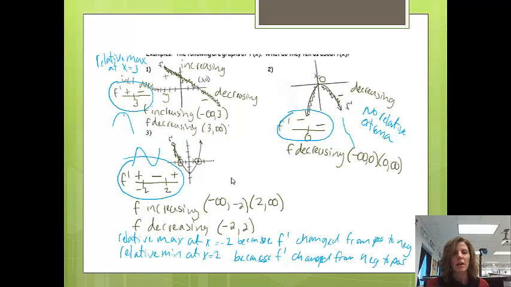So that's how we'll always justify our answers. If we went back up here, the relative max occurred at x equals 3 because f prime changed from positive to negative. Okay, and if I had to justify my answer on this one, there are no relative extrema, basically just because f prime does not change signs.